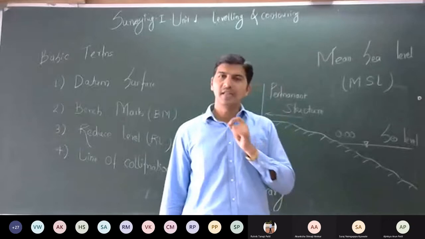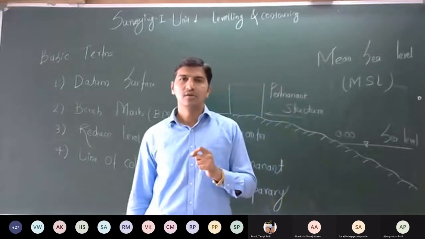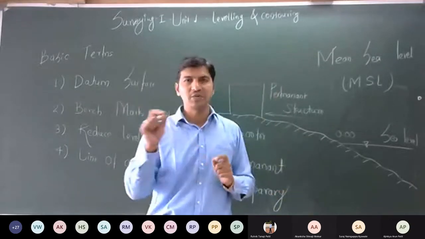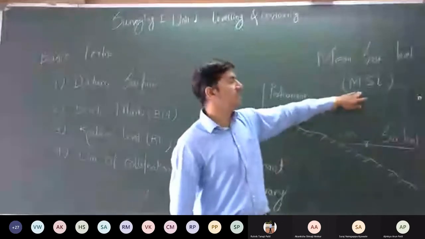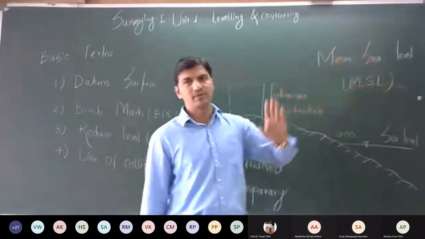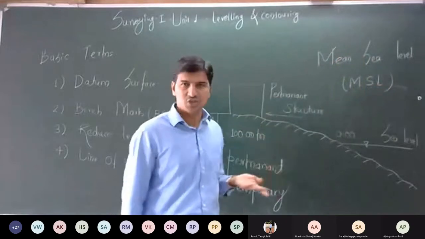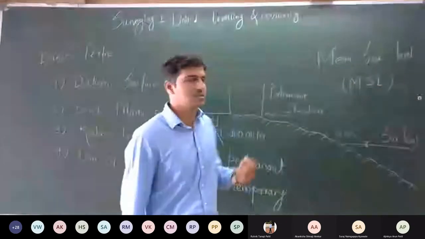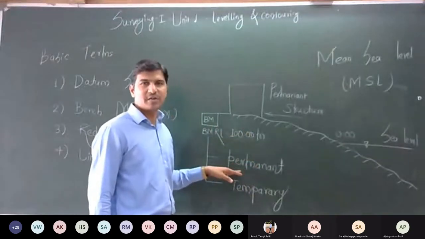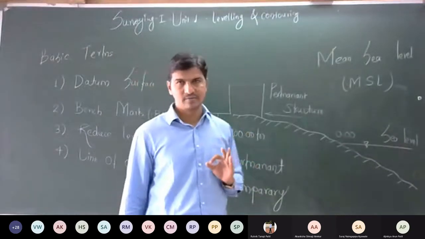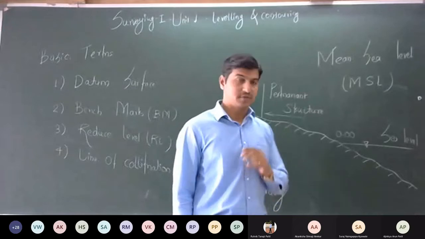On that station there is a map on the board of Chhatrapati Shivaji Terminus, showing the mean sea level for the particular city. So railway stations, airports, and permanent structures are the places where permanent benchmarks are marked. So we have to take the references.